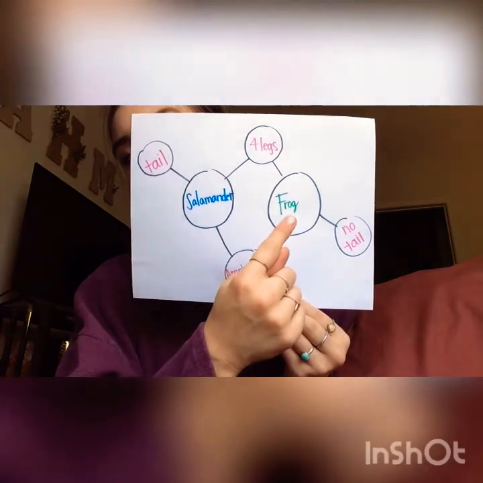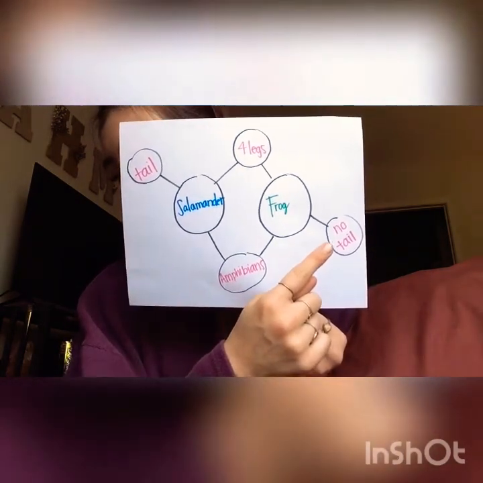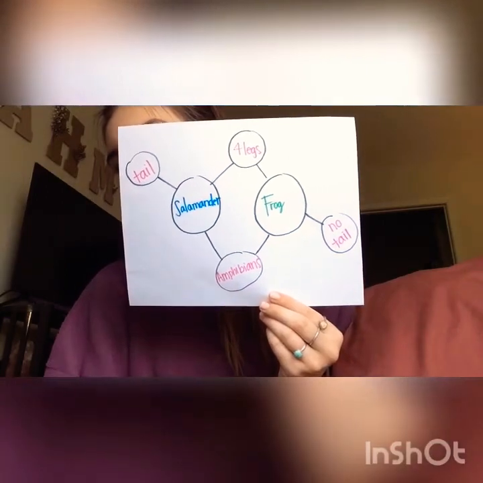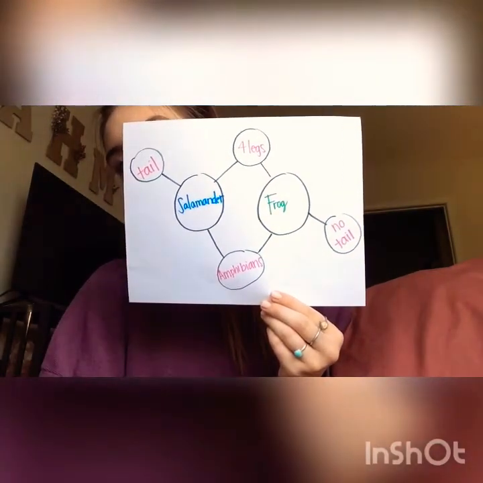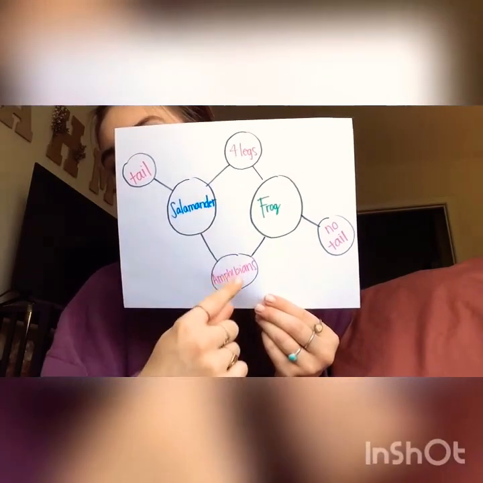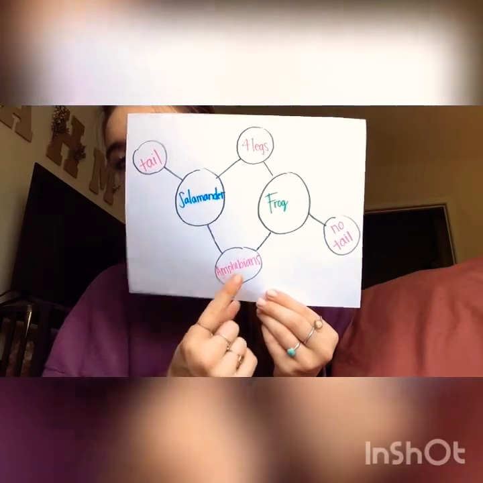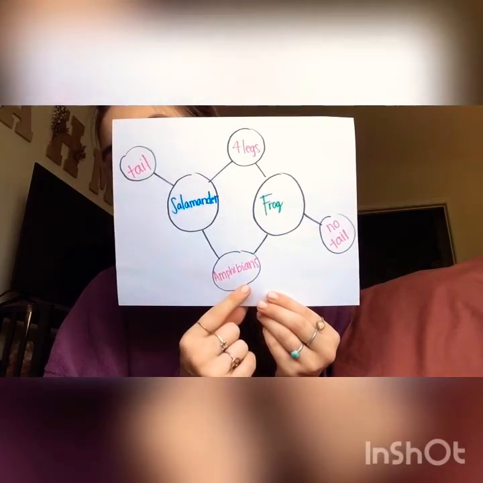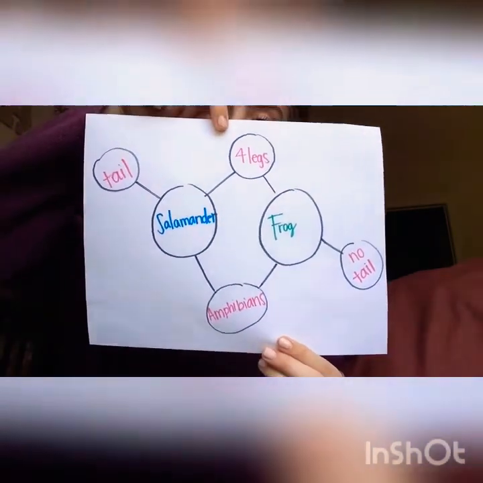For a frog, something that's different is they do not have a tail. So frogs do not have a tail and salamanders do. Two things that I found that were the same between a salamander and a frog is that a salamander and a frog are both amphibians and they both have 4 legs.